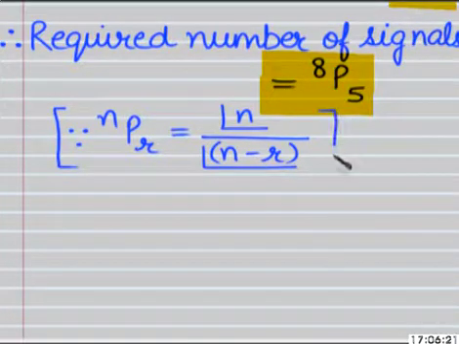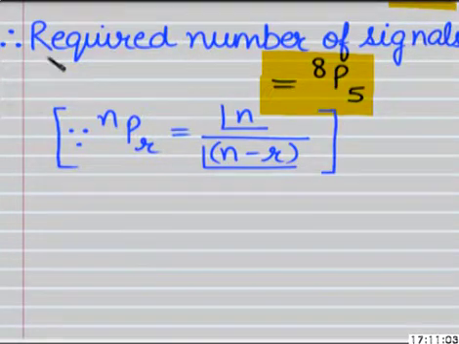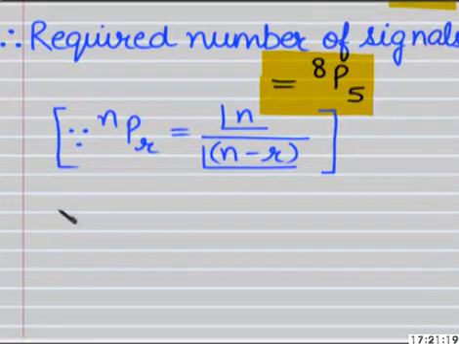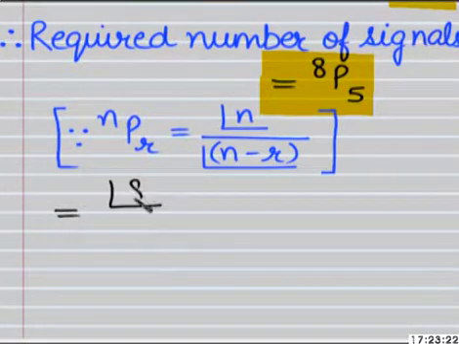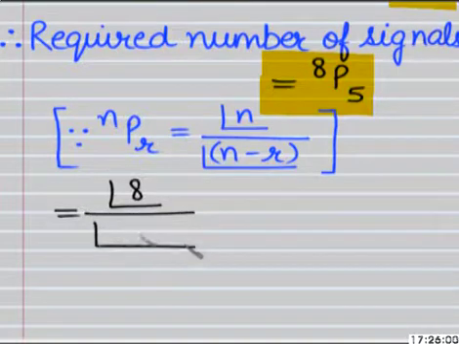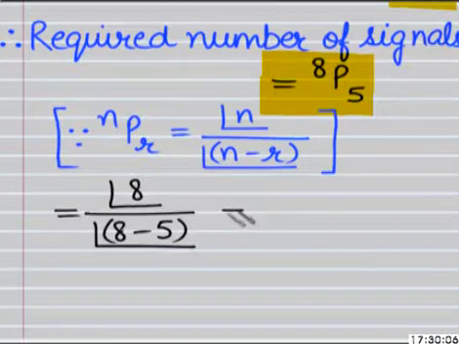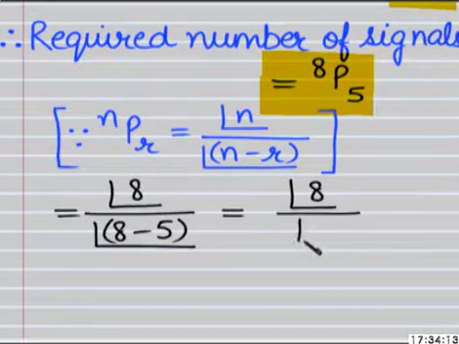So using this result here, we get required number of different signals that can be made by taking 5 flags from 8 flags of different colors will be equal to 8 factorial upon (8 minus 5) whole factorial, which will be equal to 8 factorial upon 3 factorial.